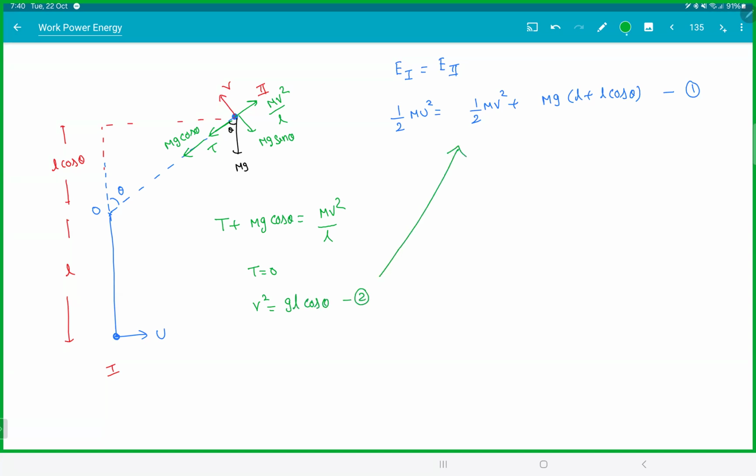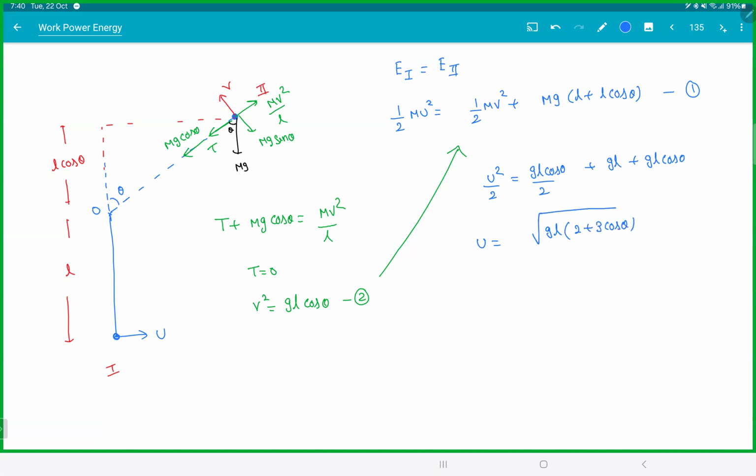Take this and put it in this. m will cancel everywhere. u square by 2 is equal to gL cos theta by 2 plus gL (1 plus cos theta). So we get u is equal to root of gL (2 plus 3 cos theta).